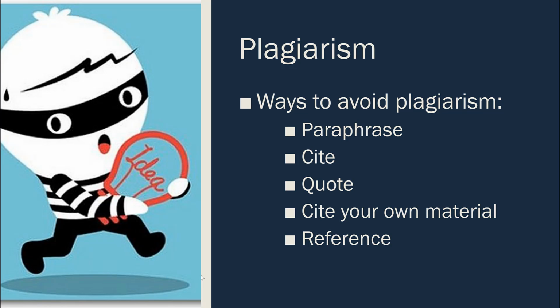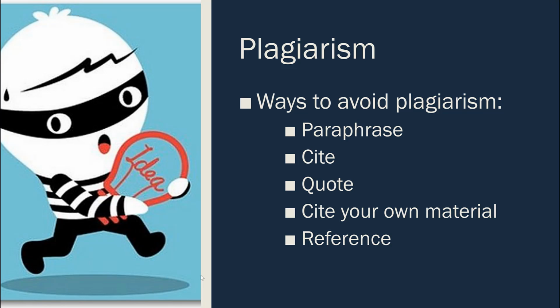There are 5 ways to avoid plagiarism. First, paraphrase. Read what you are wanting to cite and then put it into your own words. Do not copy verbatim more than 2 words in a row. If you use more than 2 words together, it is then a quote. Always make sure to cite following APA formatting, which we just went over.